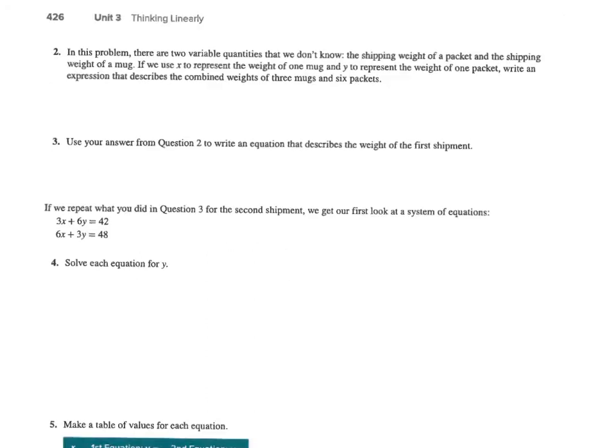In this problem, there are 2 variable quantities. Remember, vary means able to vary, that we don't know: the shipping weight of the packet and the shipping weight of the mug. They want us to let x represent the weight of the mug and let y represent the weight of one packet.